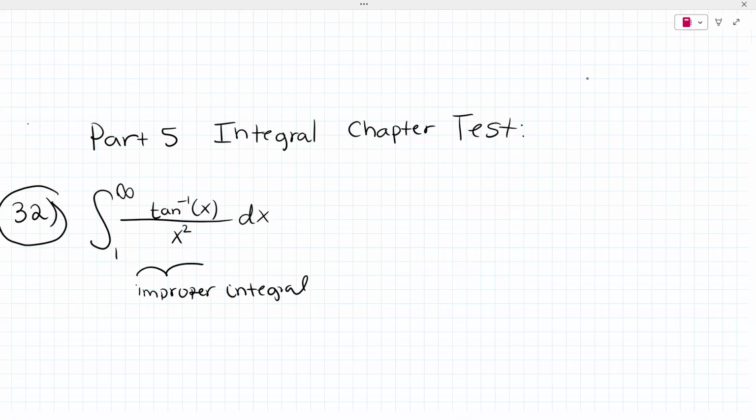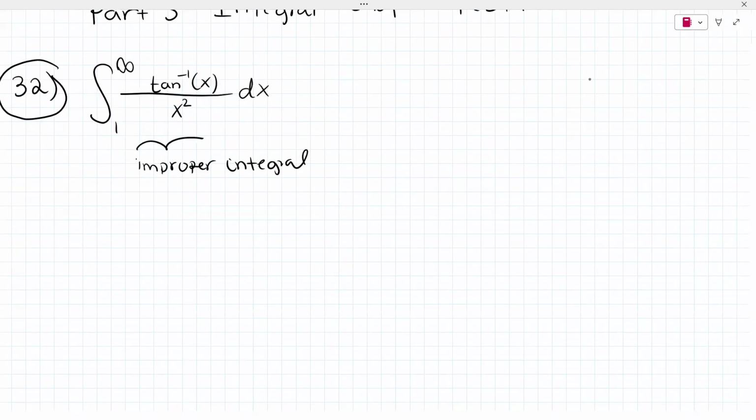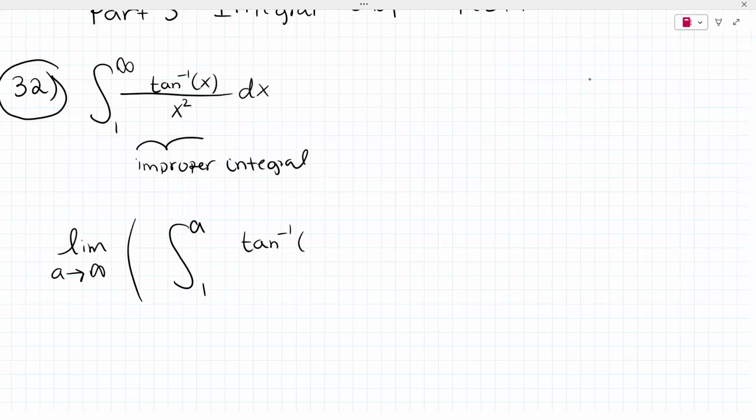Just like the last one, we're going to set it up as the limit as a approaches infinity, replacing infinity with a. So it's the integral from 1 to a of tan inverse of x over x squared dx.